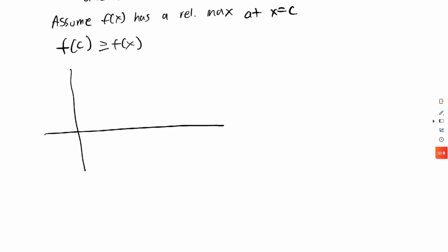If we draw a graph here, and let's say you have some function like this, whatever, right? And this had a little maximum. Actually, I'll just draw a simpler function, something like that. And obviously this blue point is the c that we're talking about, and this is f of c.